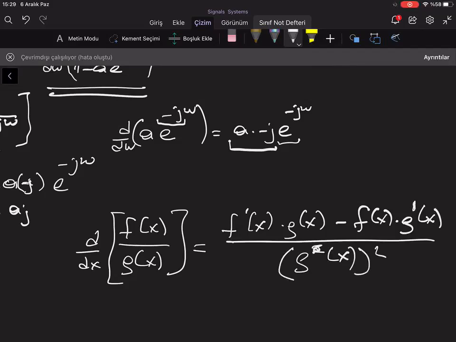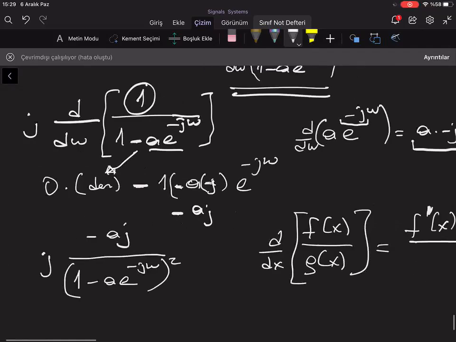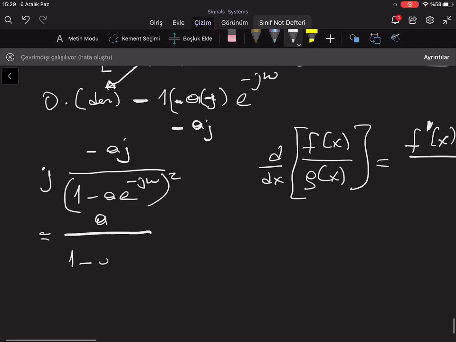So prime means derivative. I hope you remember this property from calculus. So I applied this totally. j times j is -1 here. So a divided by (1 minus a e^(-jω)) squared is the Fourier transform of n times a^n u[n]. Okay, I hope this is also clear for you. And you may watch this video at your own pace and understand what's going on.